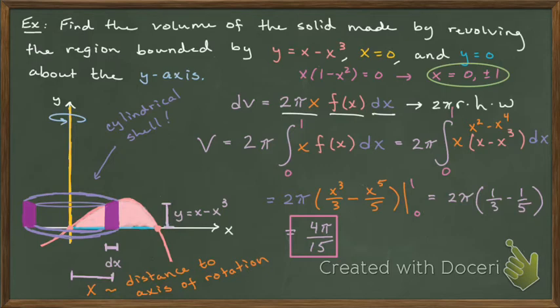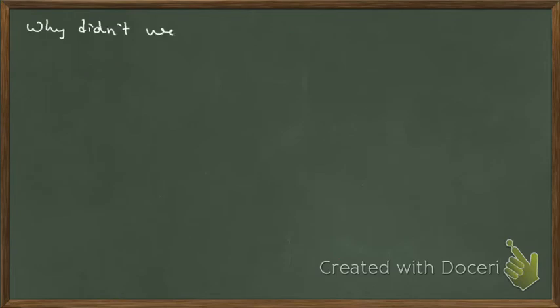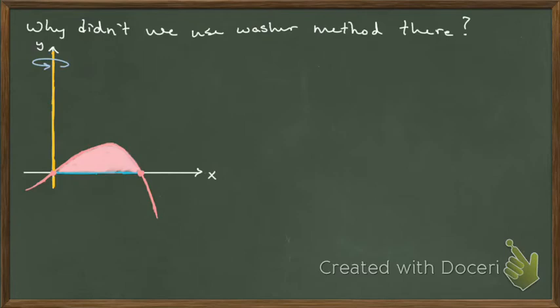I do have a question though. Why did I not use the washer method here? Why did I not use washer method? I'm going to draw the shape again for us. If you notice, there's some kind of blank space right about here.